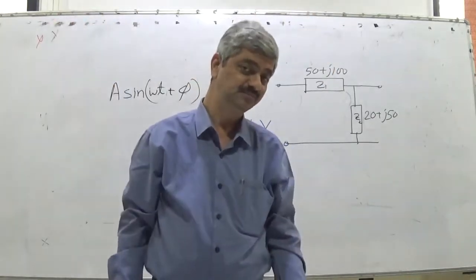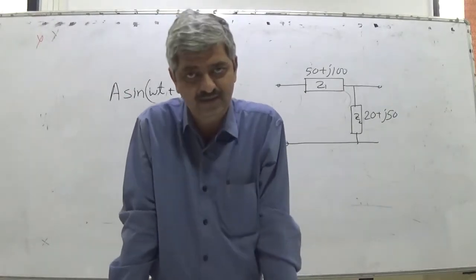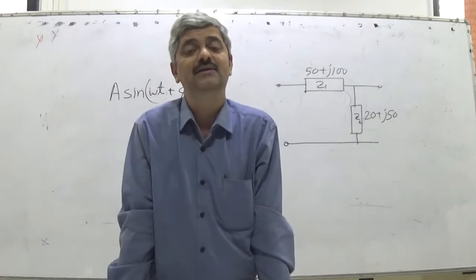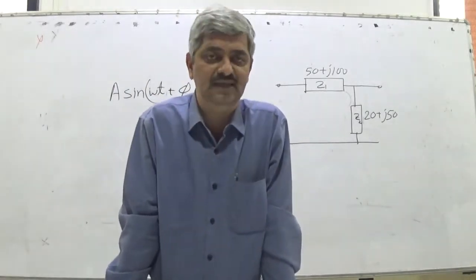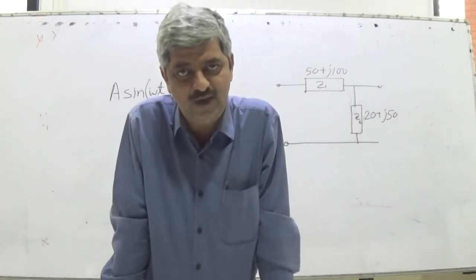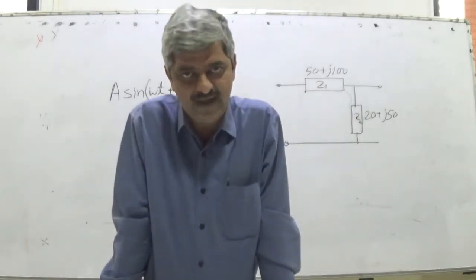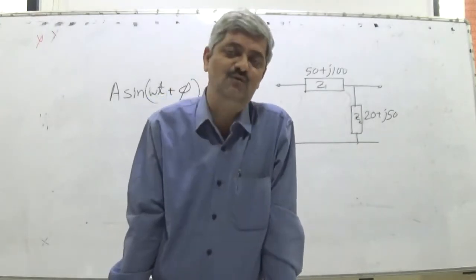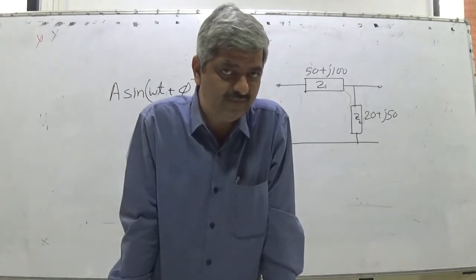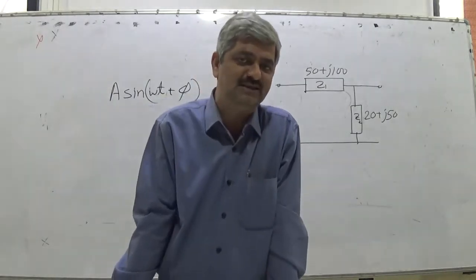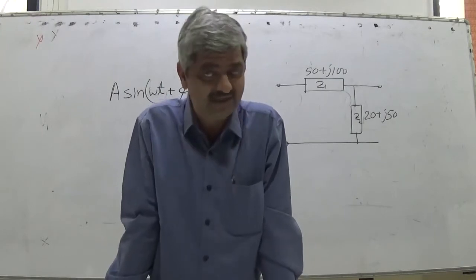Means a resistance of 1 ohm and capacitor of 1 farad will have at omega equal to 1, its impedance is 1 minus j. If omega is 0.1, its impedance is 1 minus j10. If I have 1 ohm resistor, 1 Henry inductance, then at angular frequency omega equal to 1, its impedance is 1 plus j. If omega is 10, it is 1 plus j10, like that.